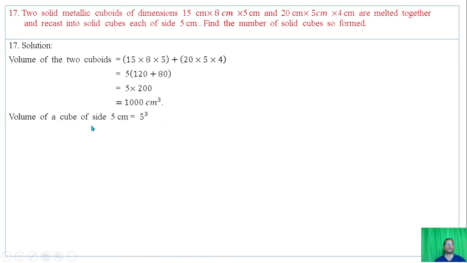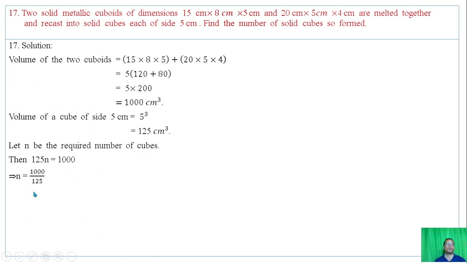Volume of a cube of side 5 centimeter is 5 cube. Let n be the required number of cubes. Then 125 into n equal to 1000, from which n equal to 8. Thus, 8 solid cubes can be formed.